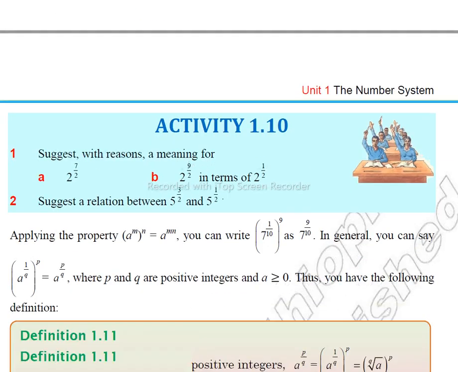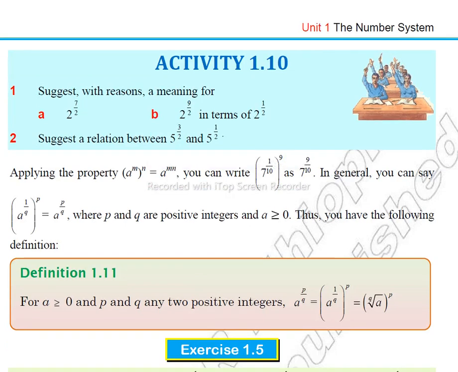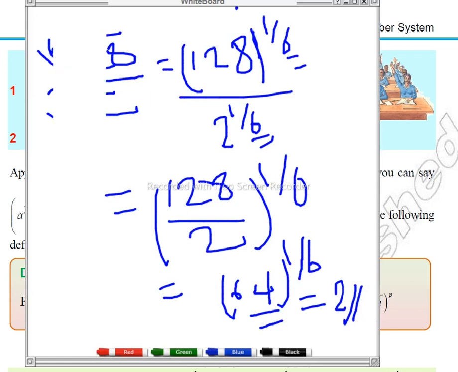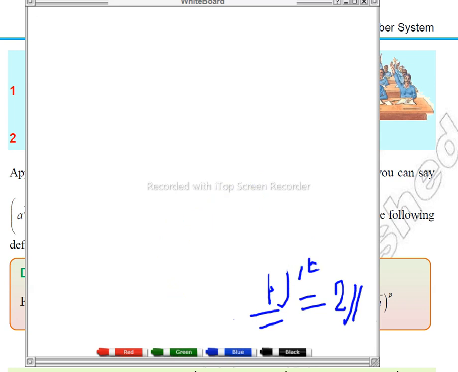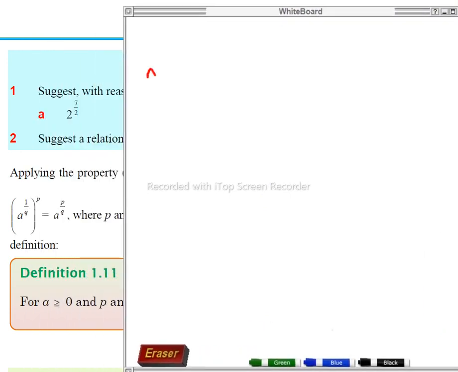The second, let us see this activity. To the power of 7 over 2. This means we can write this question in another way. We can write this equation as 2 to the power of 7 over 2.